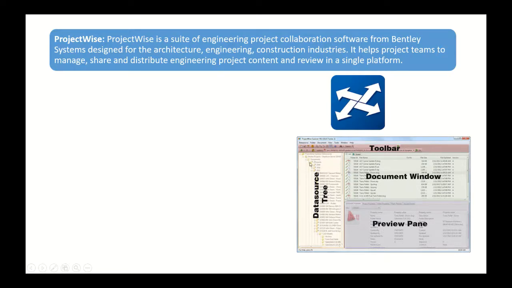It is a tree type, with a number of folders. Just think of it like a common computer, or Windows Explorer type, a common computer for a client, your manager, and you, whoever is involved in the project. That is the data source tree actually.